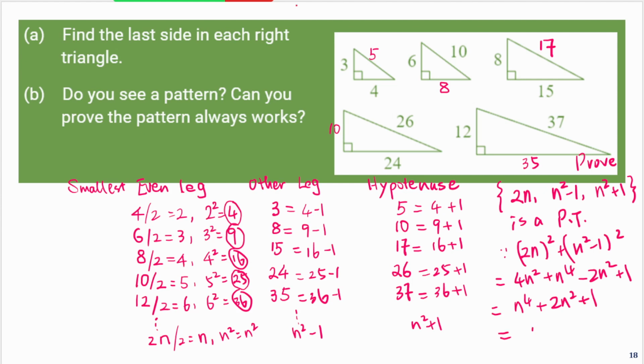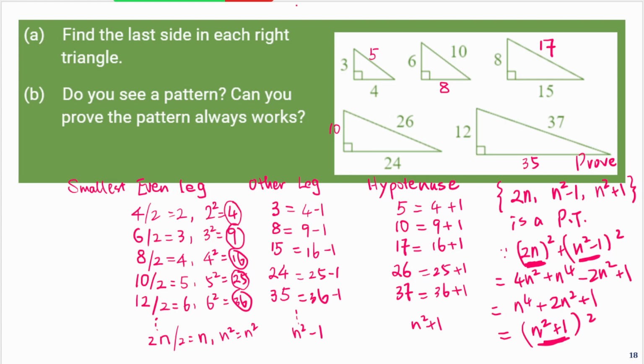And this can be abbreviated as (n squared plus 1) squared. As you can see here, you have actually proved first number squared plus second number squared equals third number squared. Therefore, these three numbers form a Pythagorean triple, right? Are we clear?